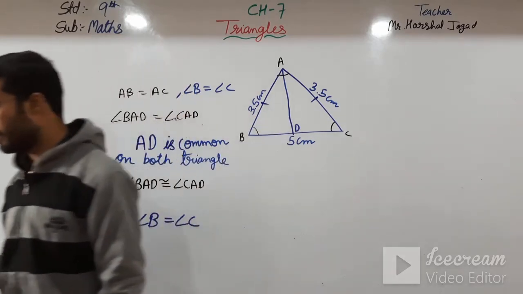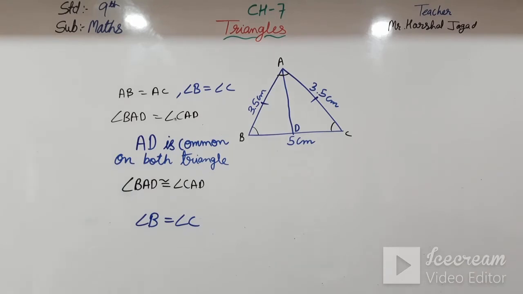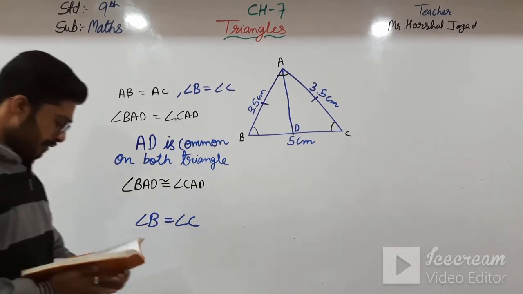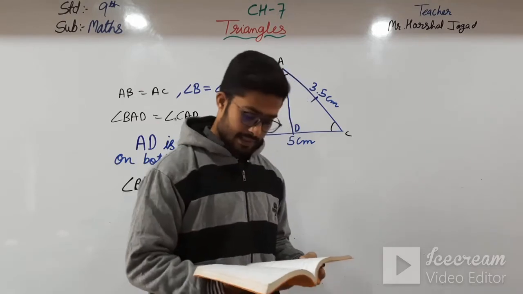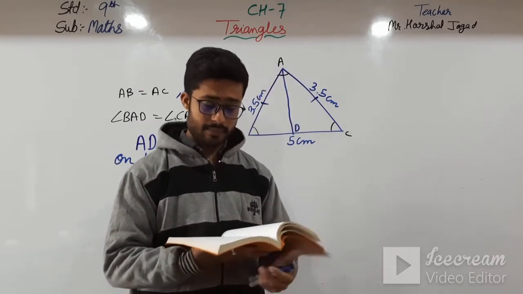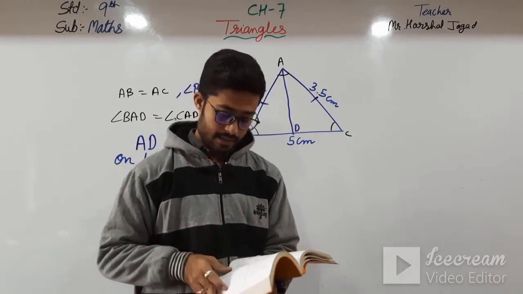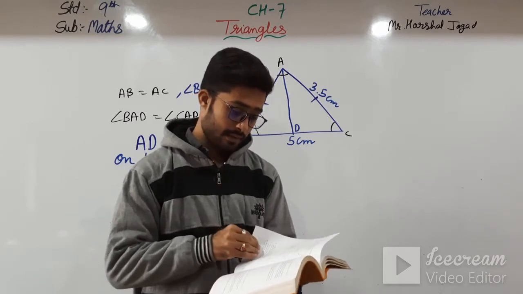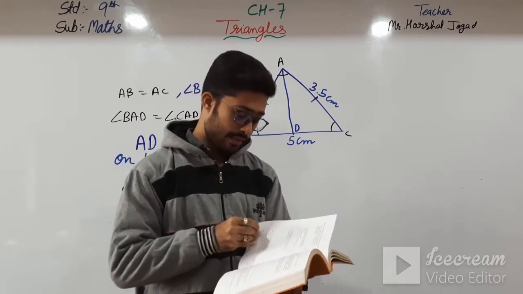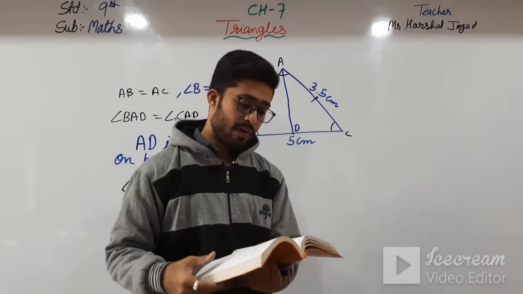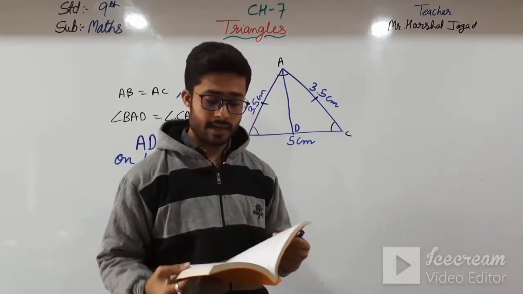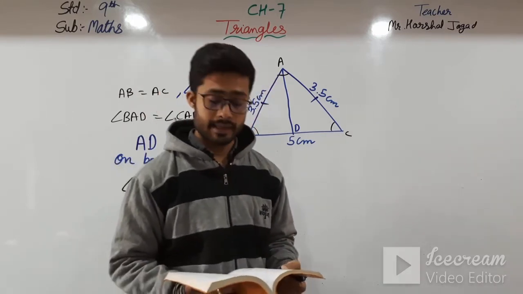Okay, students, moving further. Here examples are given, but I don't think the examples are cut. Okay, so now moving further, you can see some more criteria of congruence of triangles.